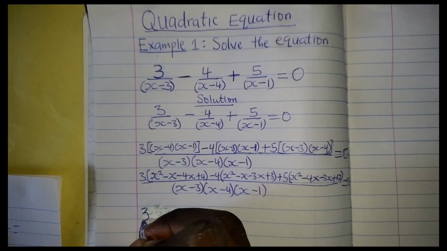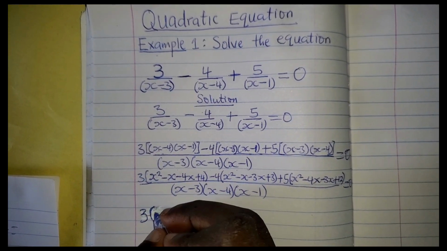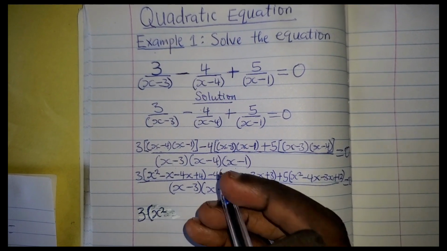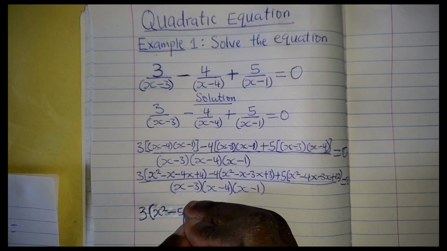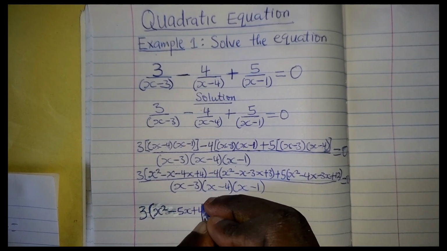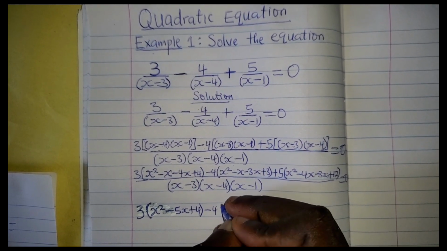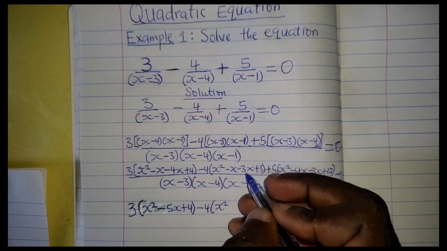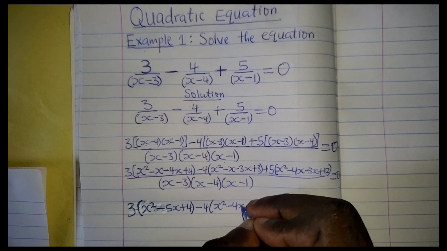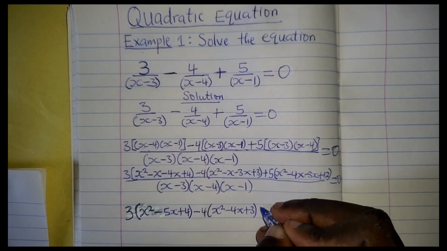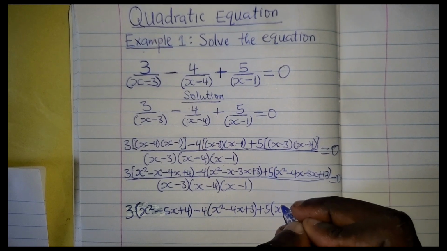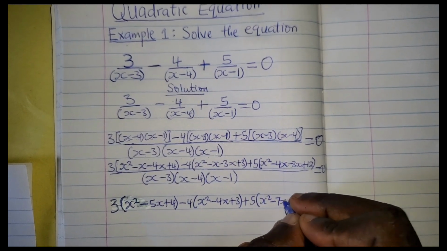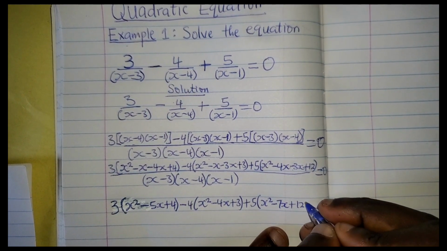Okay, and we have 3 into brackets x square minus x minus 4x, it will give me minus 5x plus 4, okay, minus 4 into brackets x square minus x minus 3x, it gives me minus 4x plus 3, plus 5 into brackets x square minus 4x minus 3x gives me minus 7x plus 12.